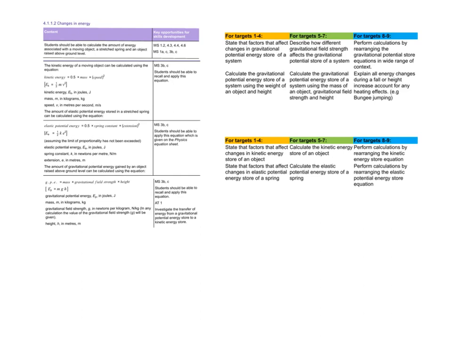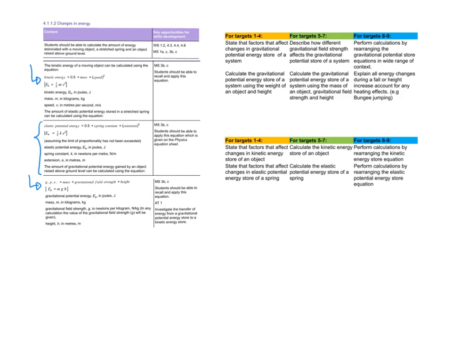So you will need to be able to recall 2 of these equations, and the third one is given to you. The ones that you will need to recall are the kinetic energy and the gravitational potential energy store. The elastic potential energy store will be given to you, but that does not mean you should not be aware of what it is and how you can calculate it.